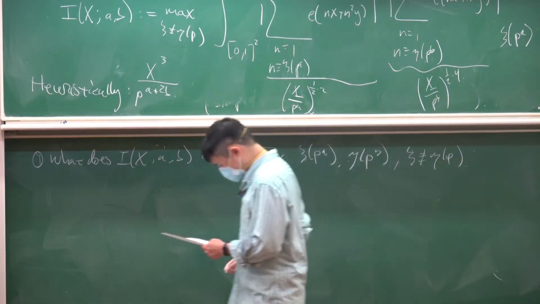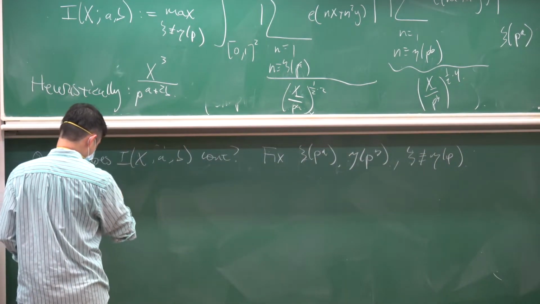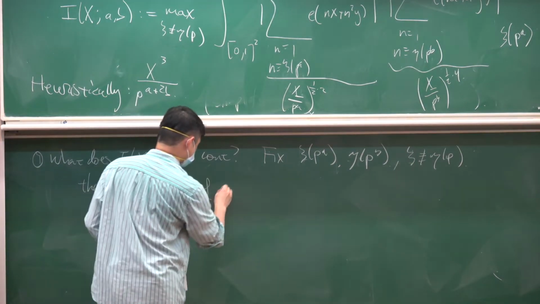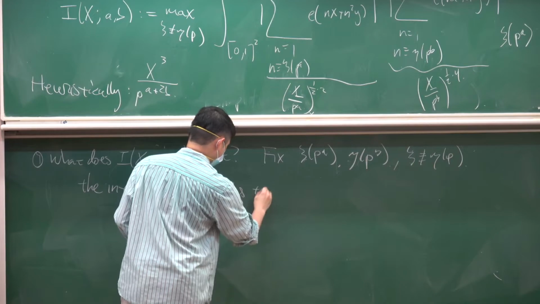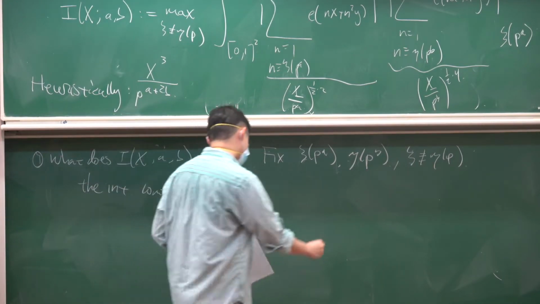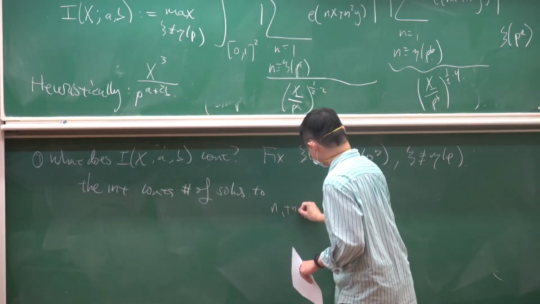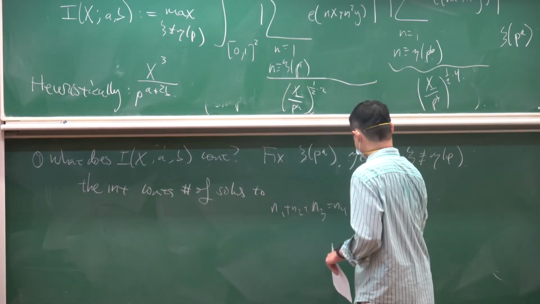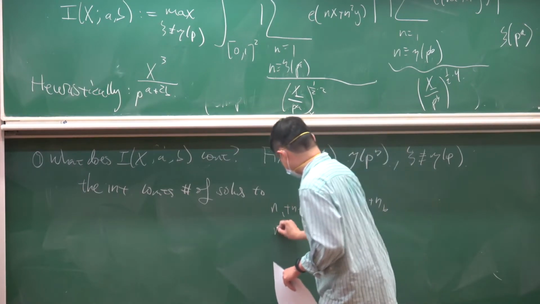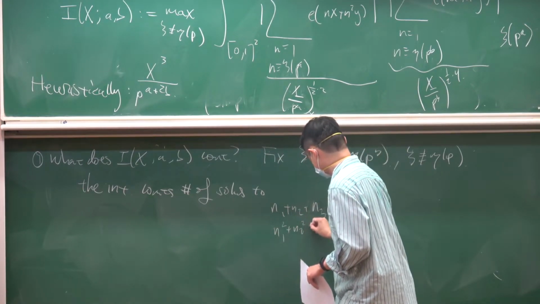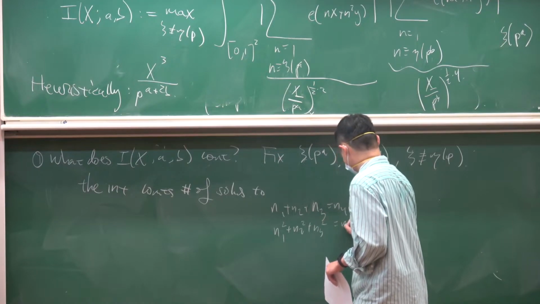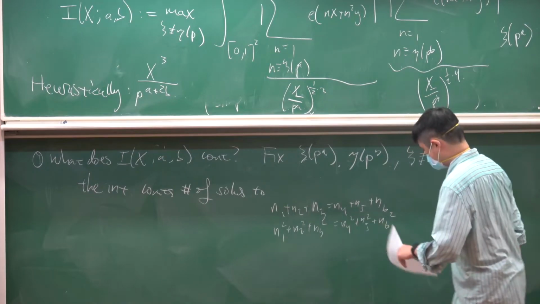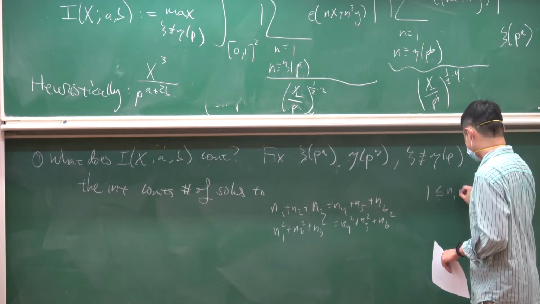The integral counts the number of solutions to the following system: n1 plus n2 plus n3 is n4 plus n5 plus n6, and the squares, where all the variables lie between 1 and x.